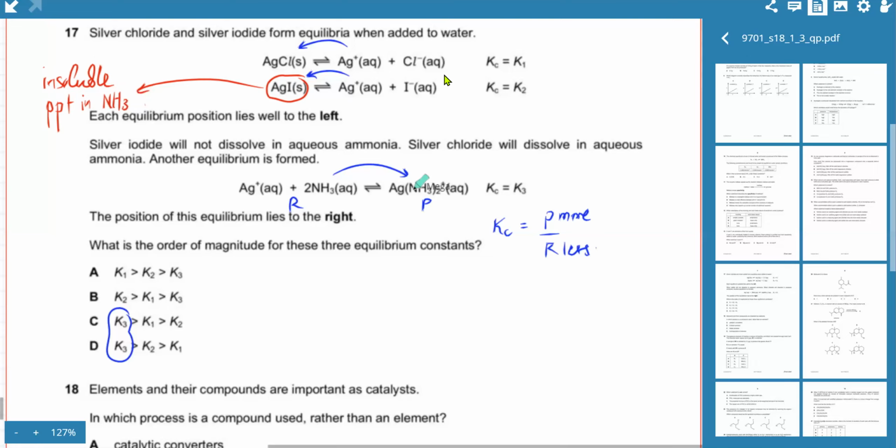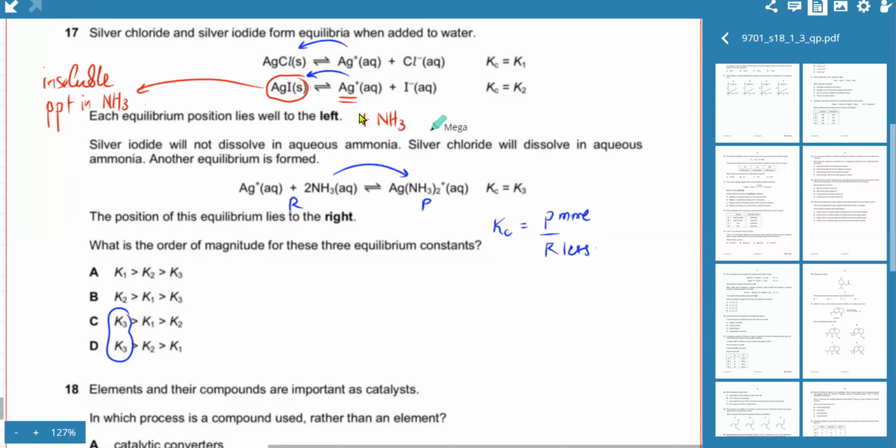Now, if it has an insoluble precipitate in NH3, what is NH3 doing? Why do the precipitates dissolve in NH3 in the first place? When you add NH3, silver ions react with NH3. So in the equilibrium, if you add NH3, silver ions are going to be used up.